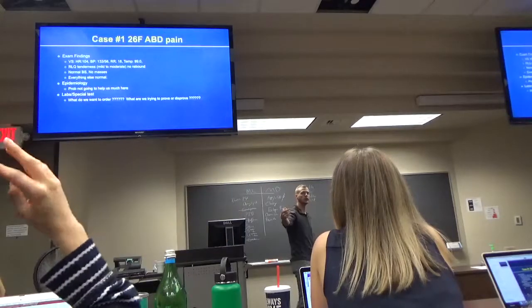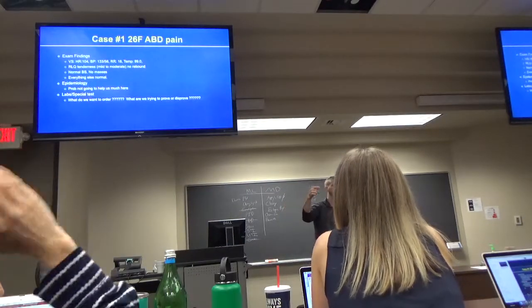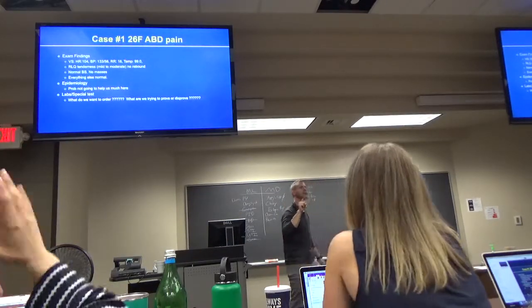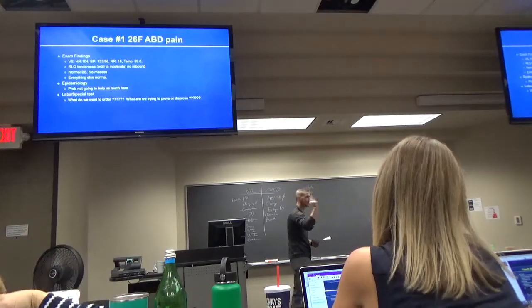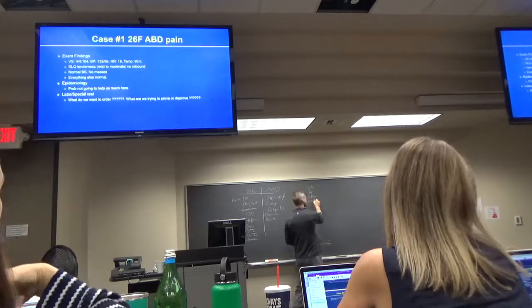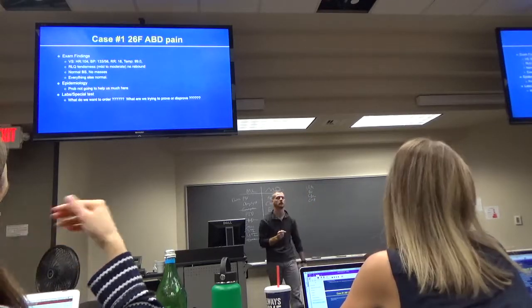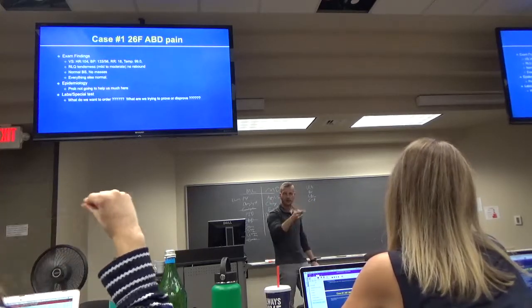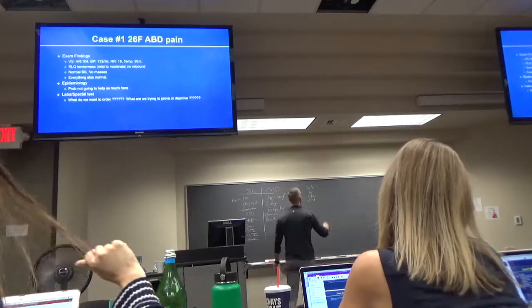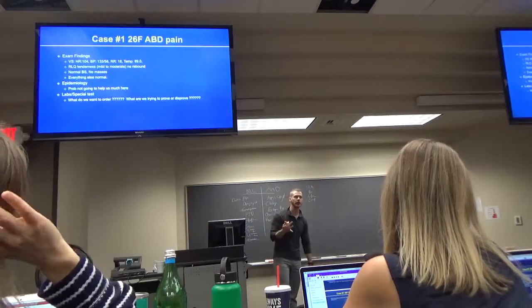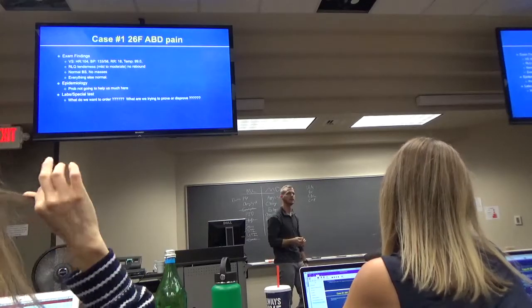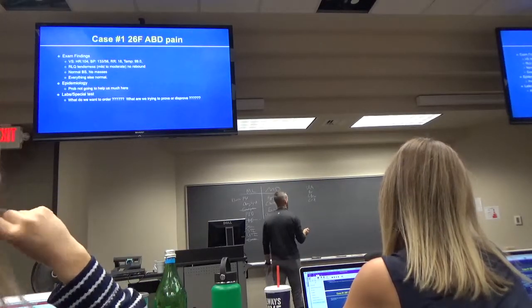No. Does that rule anything out? No. Does it help point you in a direction, because it's one small piece of a puzzle? Yes. Excellent. CMP, what are we ordering that for? Liver, kidney functions. She is having right lower quadrant abdominal pain, but it could be referred from her gallbladder, so maybe we need to see some liver enzymes. I'm not going to give you a hard time on that. Okay, anything else?